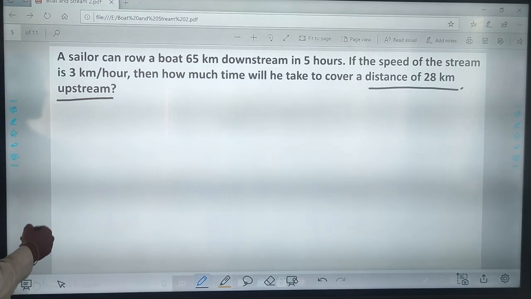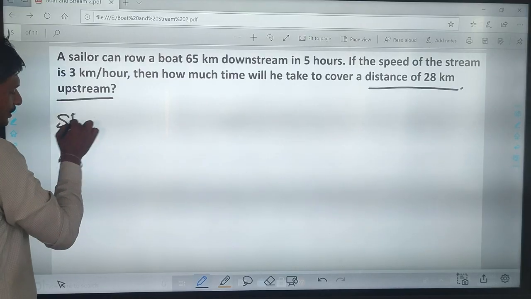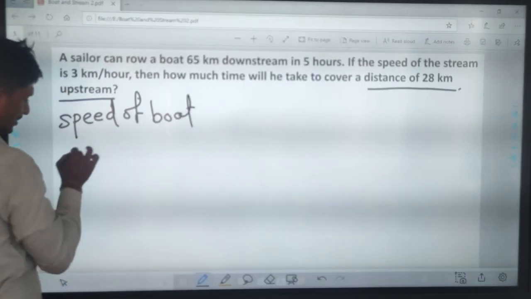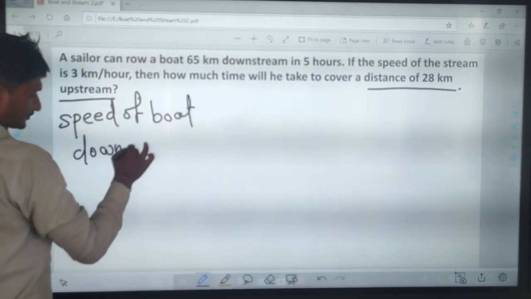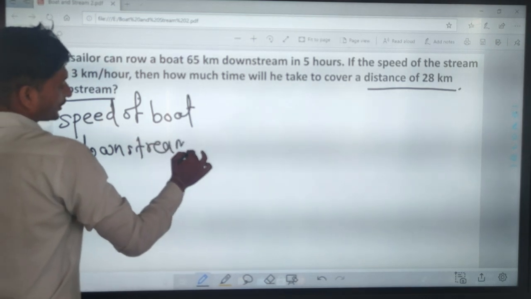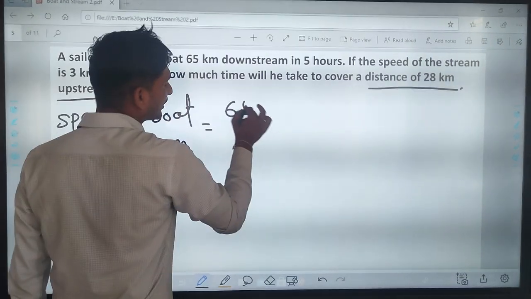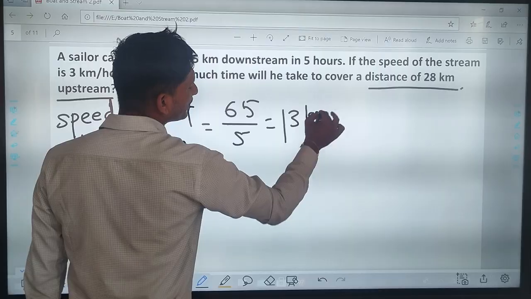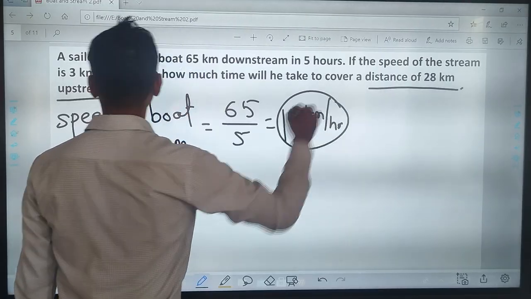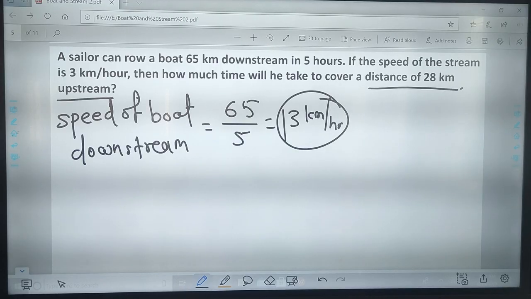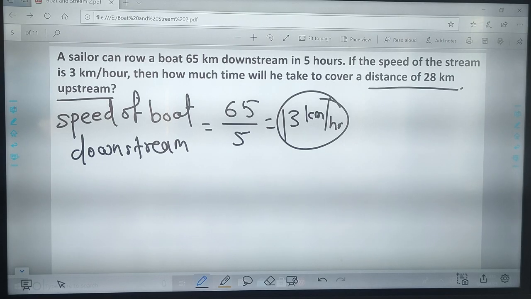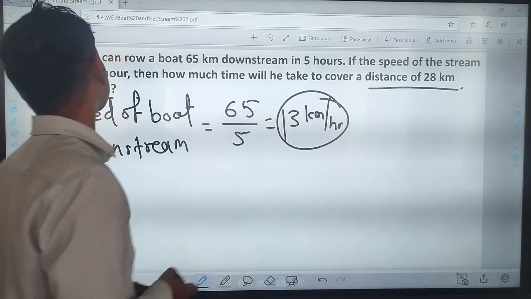Here we find the speed of the boat downstream, which is total distance 65 km divided by total time 5 hours. Then 13 km per hour. So the downstream speed is 13 km per hour, and the speed of the stream is 3 km per hour.